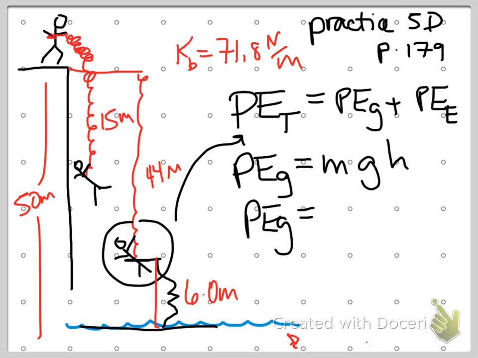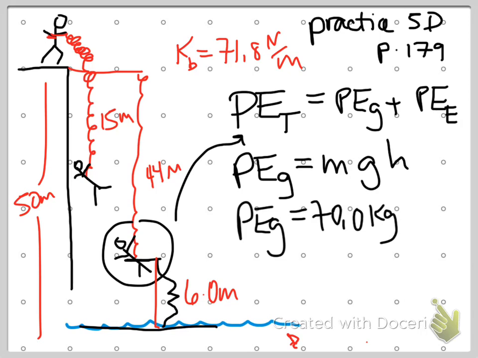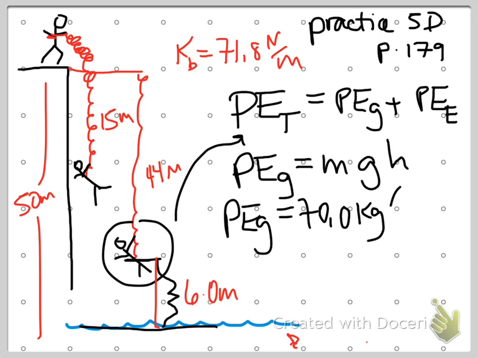PEG is equal to the stunt mass, which is 70.0 kg, times acceleration due to gravity, 9.81 meters per second squared, times the height above the surface, which is 6 meters.